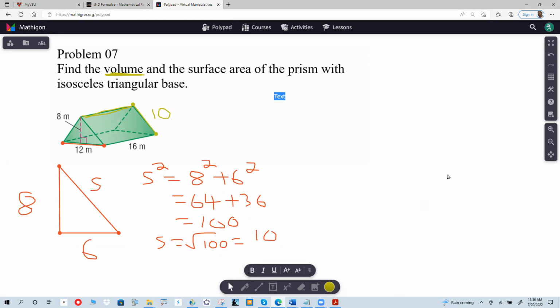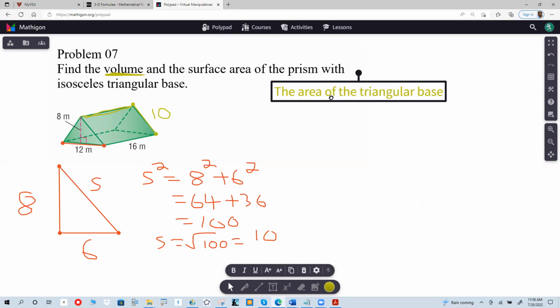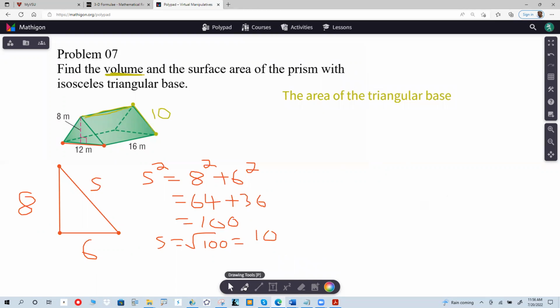Let me write it nicely. The area of the triangular base is equal to, remember, the area of a triangle is base times height divided by 2.